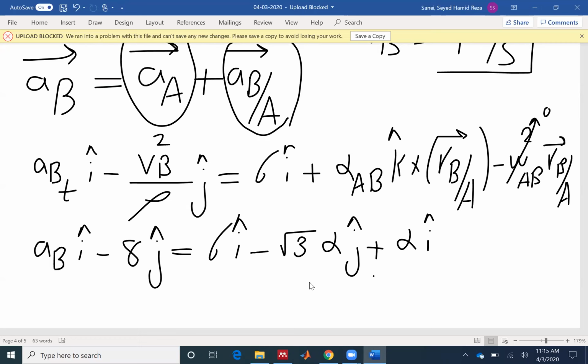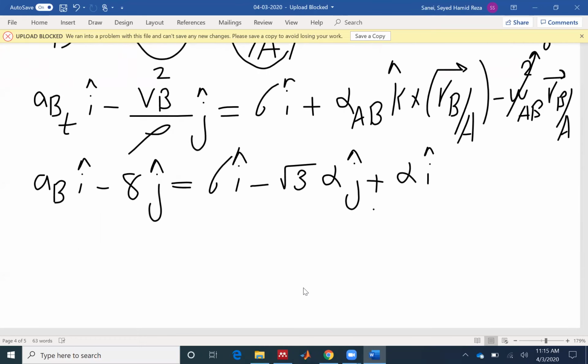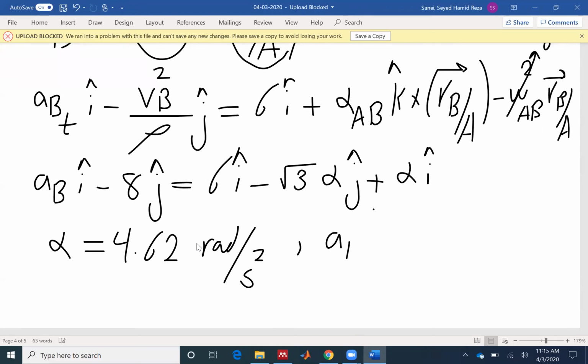That's the only alpha that we have, so just write it as alpha. If you write the i component and the j component, alpha will be 4.62 radians per second squared, and the tangential component of AB would be 10.62 meters per second squared.